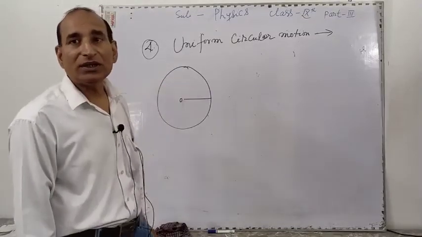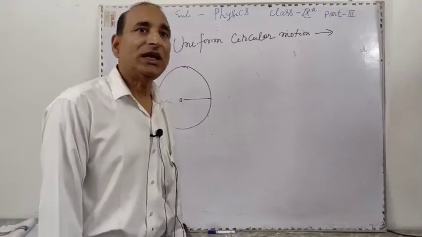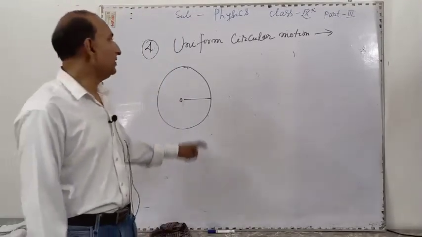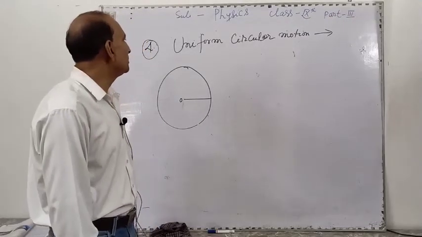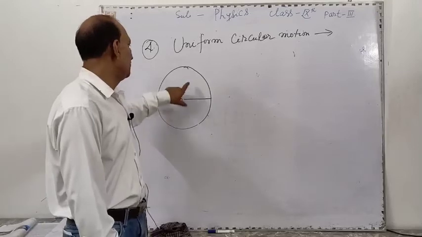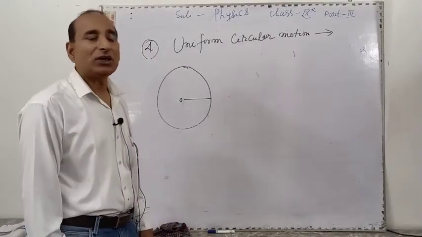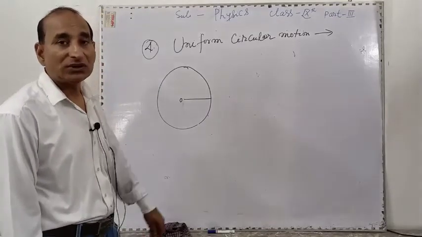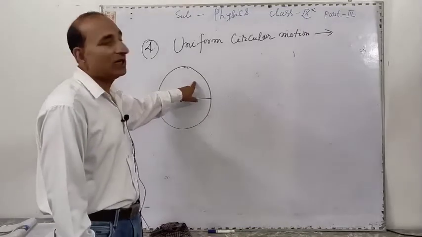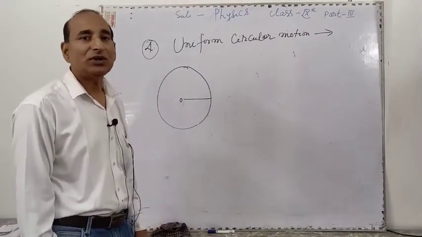You know that if an object is moving with uniform velocity, then the acceleration is zero. But when an object is moving with uniform speed in a circular path, then the motion of the object is accelerated, because at every moment the direction of the velocity always changes.